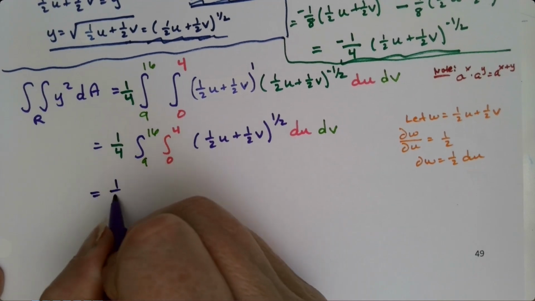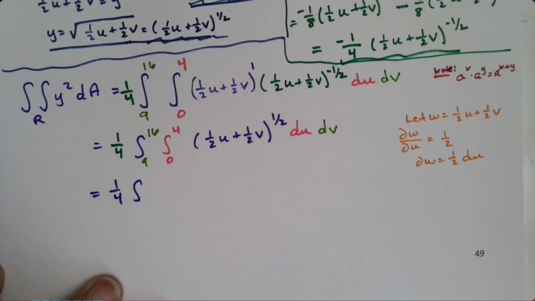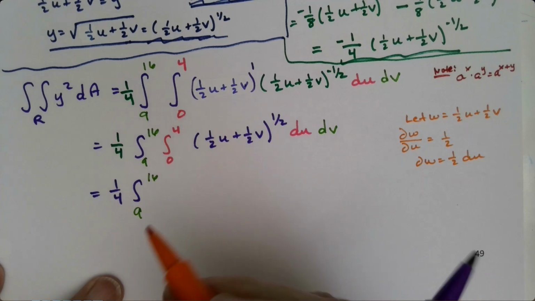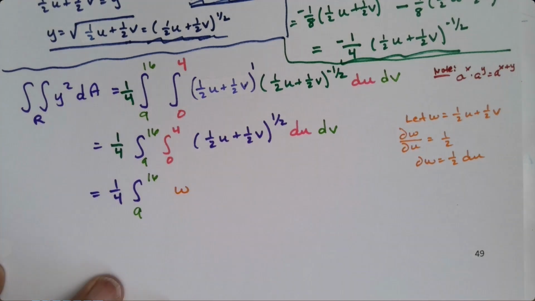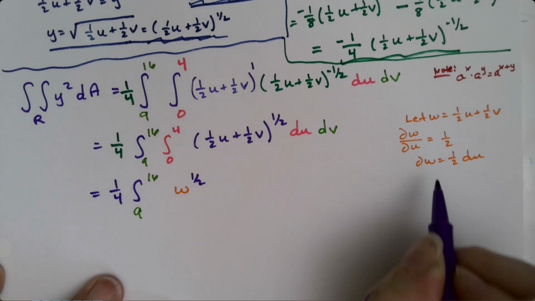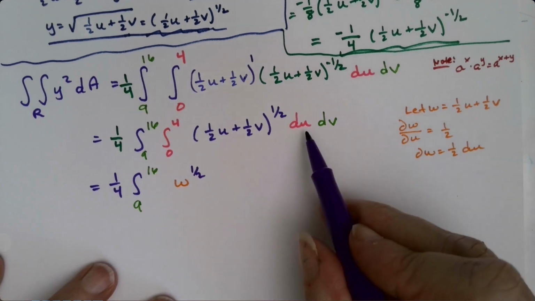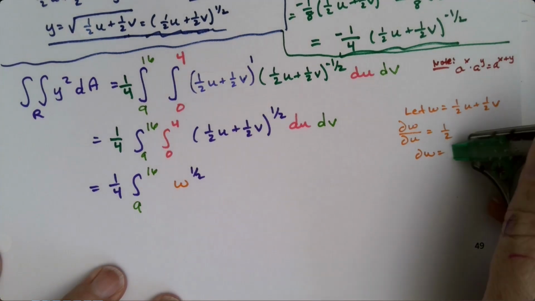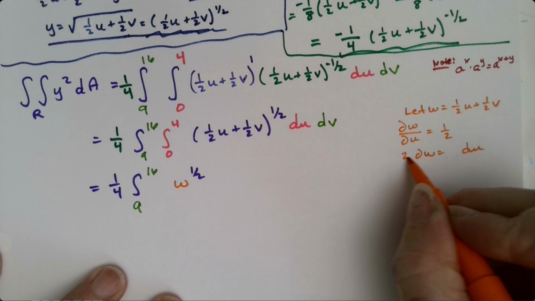All right, so this is 1/4 integral from 9 to 16. Then this is w to the 1/2 power. And then instead of du, I'm going to write 2 dw.